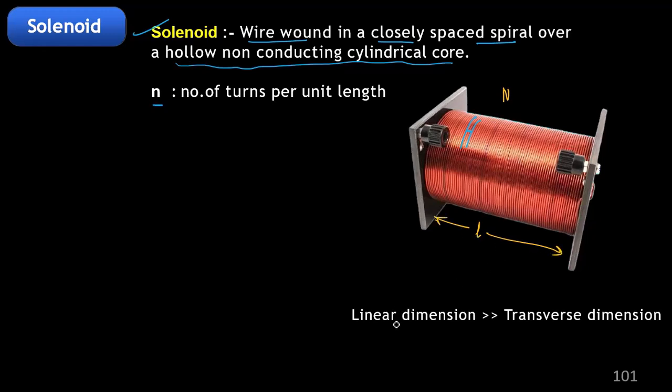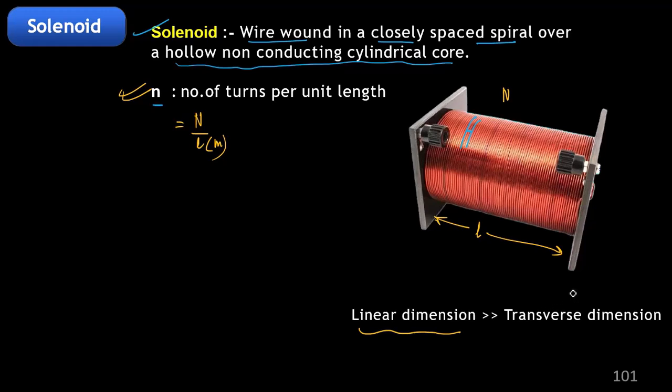L is called the linear dimension, the length of the solenoid. So small n is basically capital N by L. But mind it that L should be kept in meters, not in centimeters. Once I keep L in meter units and divide N by it, it gives the value of small n.